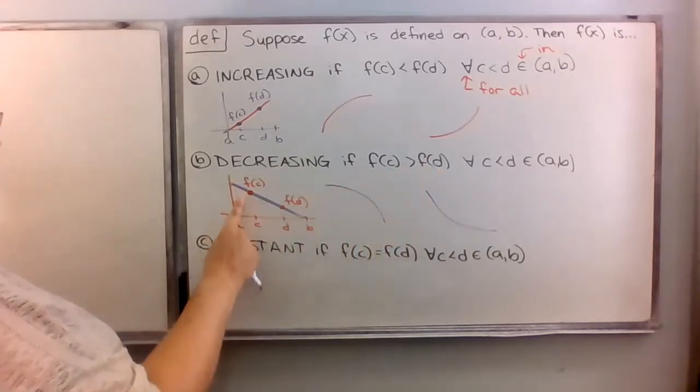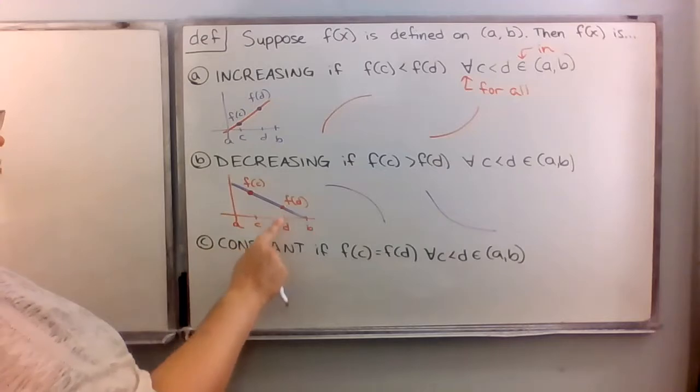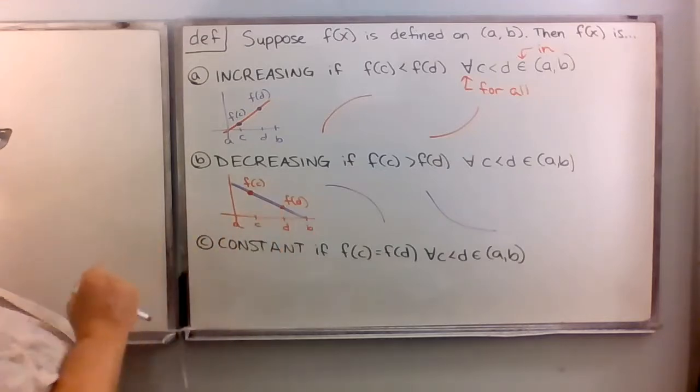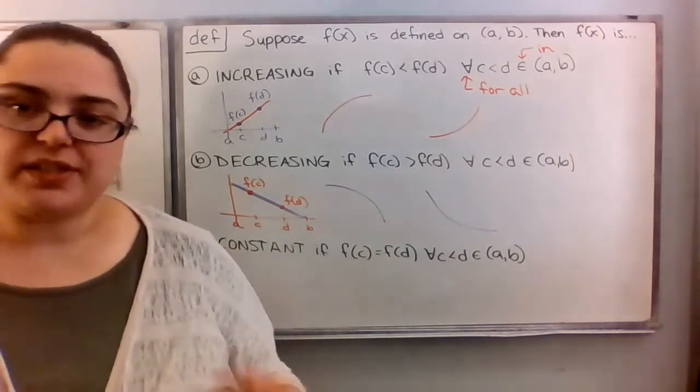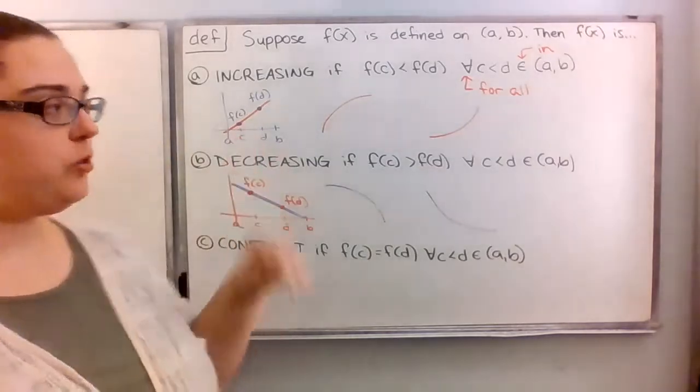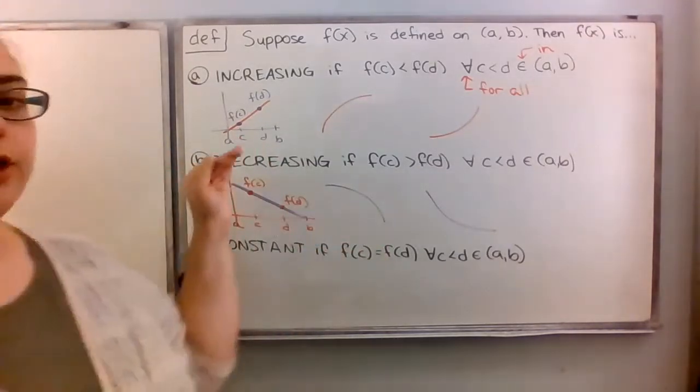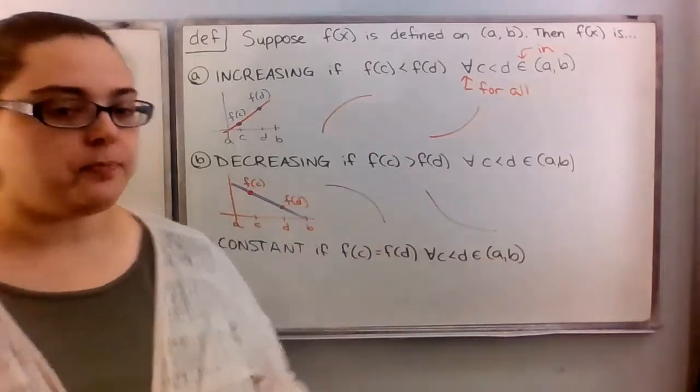The y value for c up here is bigger than the y value for d, this one here. So that's what it means to be decreasing on an interval. As you move along the function from left to right, you're going downhill instead of uphill.